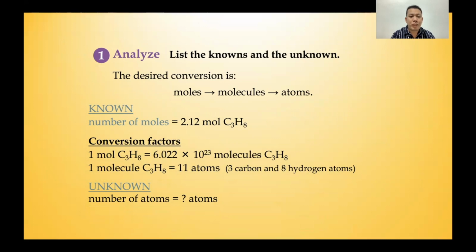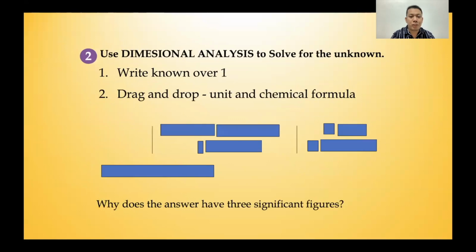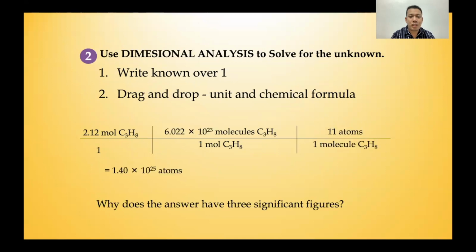So 1 molecule is equivalent to 11 atoms, because there are 3 carbon atoms in the molecule and 8 atoms of hydrogen. So what you're looking for here is the number of atoms. In this case, you have here, there you go.